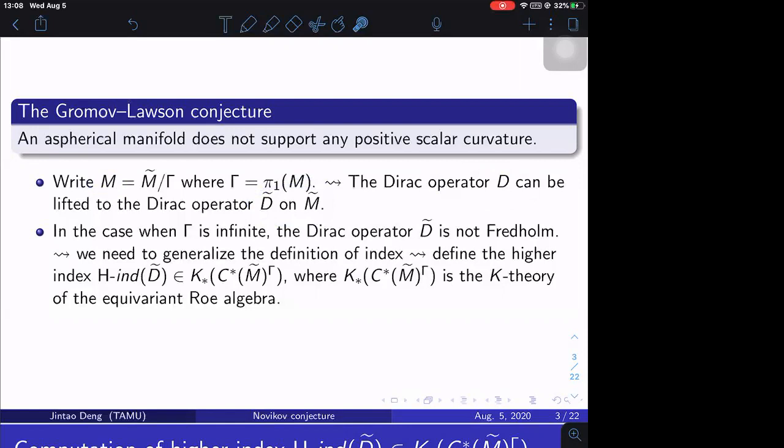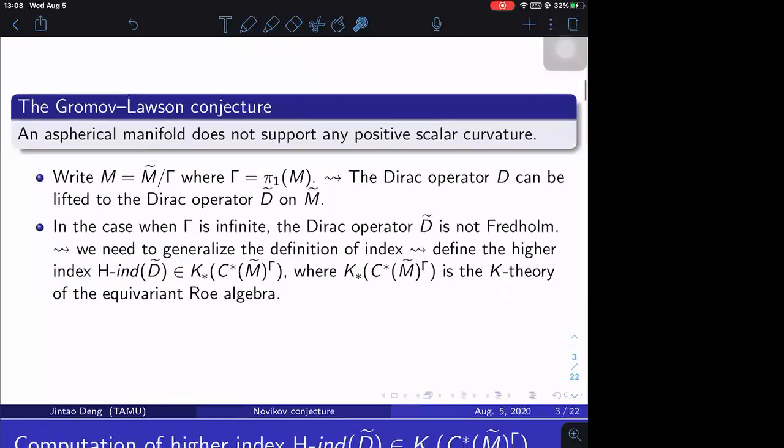Because ellipticity is local, we know D tilde is elliptic, but the problem is that when Gamma is infinite, the lifted Dirac operator is not Fredholm, so we cannot define the Fredholm index of D tilde. So we need to generalize the definition of the Fredholm index. We can define the higher index of D tilde, but the higher index is not an integer.